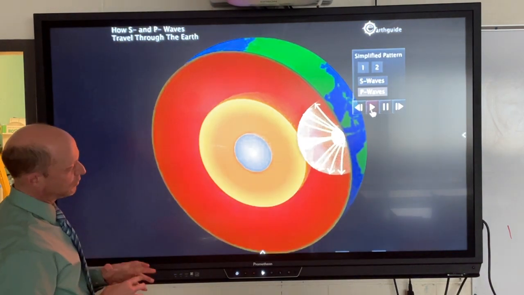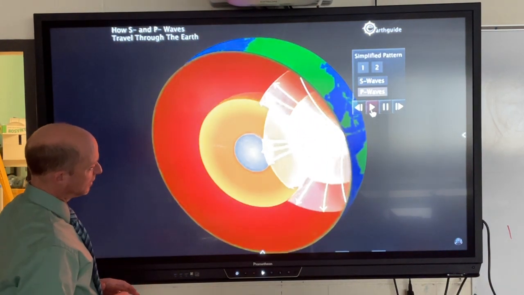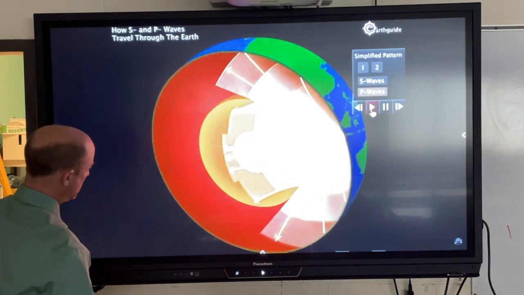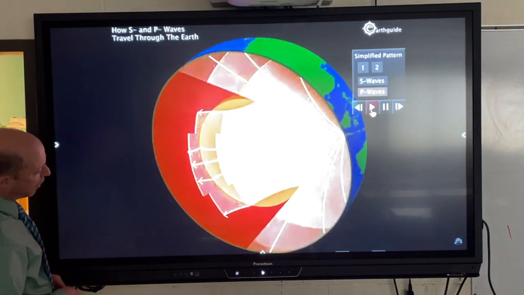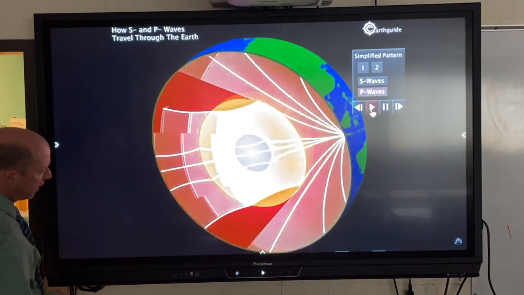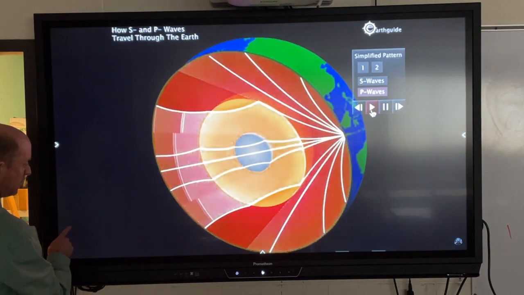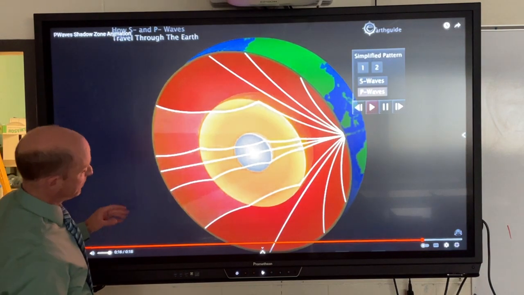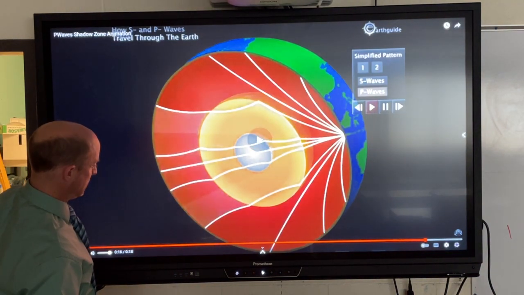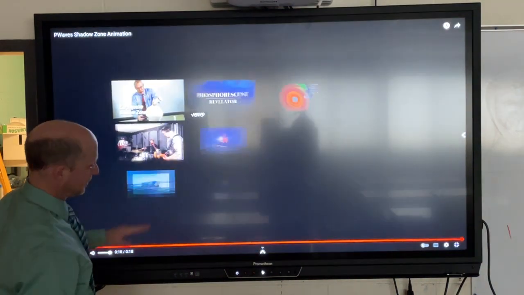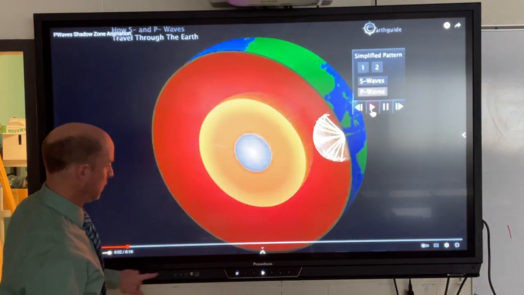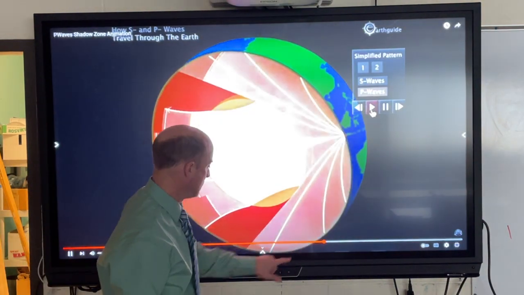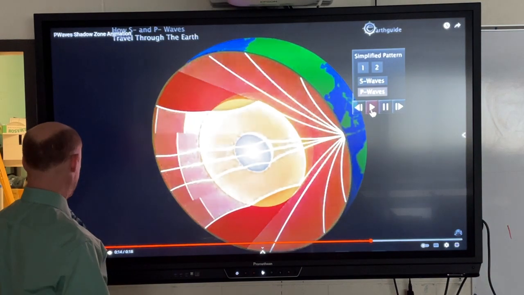There's the earthquake. Those all represent P waves. And these are traveling through the outer core. And then I'm going to stop it there. Let's go back to, hold on one second. I apologize for that. Right there, we'll stop it right there.